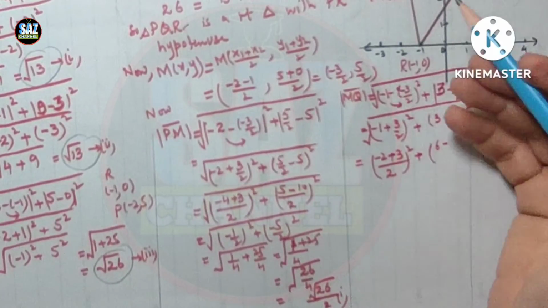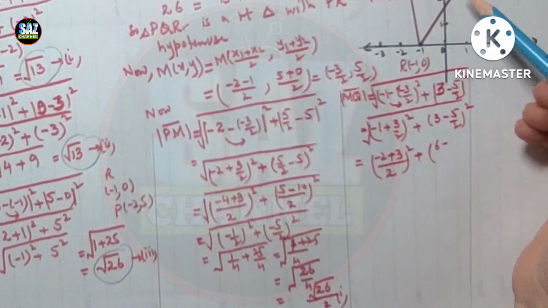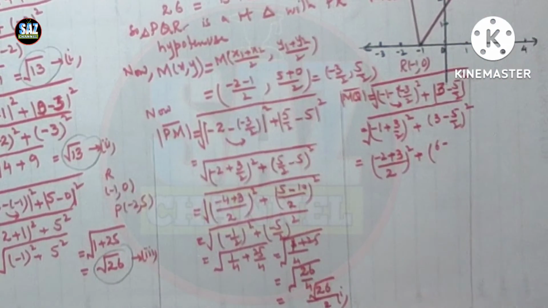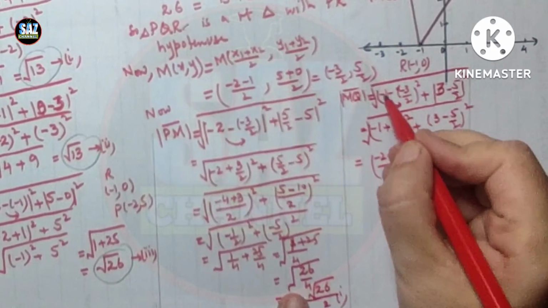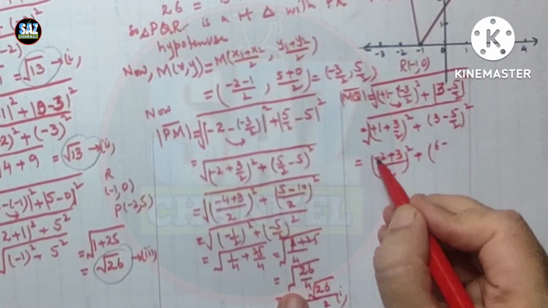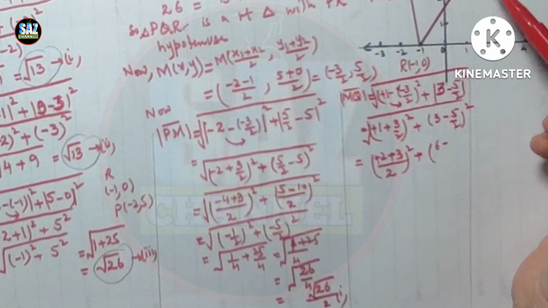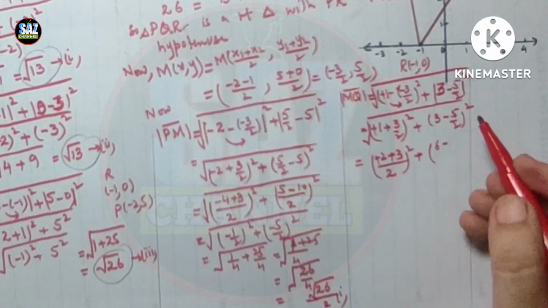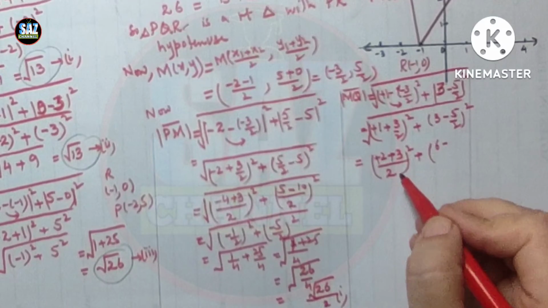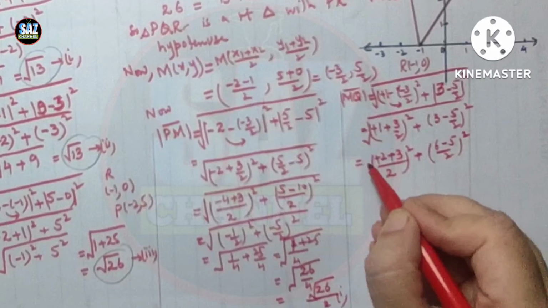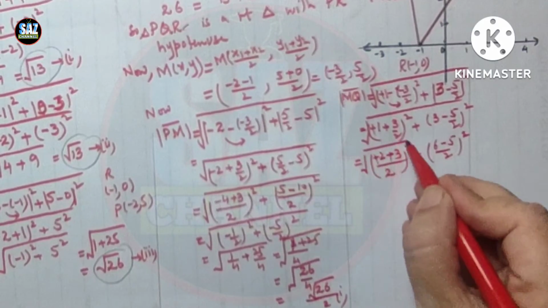Let me recheck the coordinates. M has the coordinates minus 3 by 2, and Q has the coordinate positive 1. Positive 1 here, positive 1 here, and then y2 minus y1, this is 3 minus 5 by 2. Yes, this will become 6 minus 5 by 2 whole square under the root.